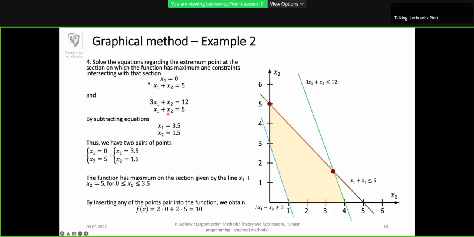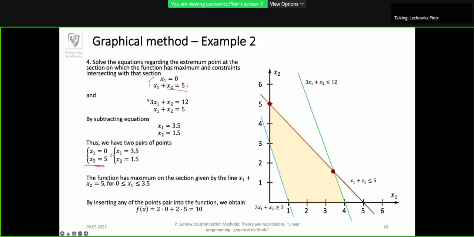So we have a set of 4 points, and by subtracting the equations, we obtain, here it's easy, right? x1 is equal to 0, x2 is equal to 5, and we are solving this. Our first equation, it's here.